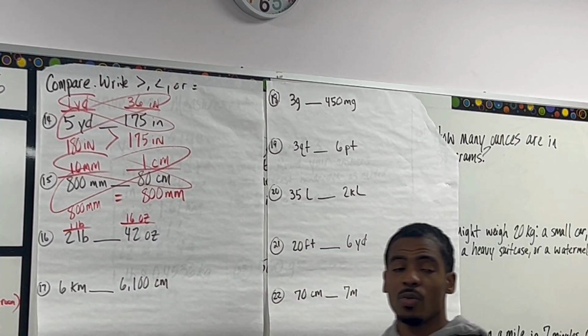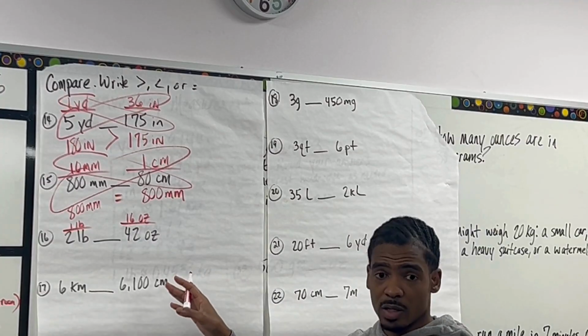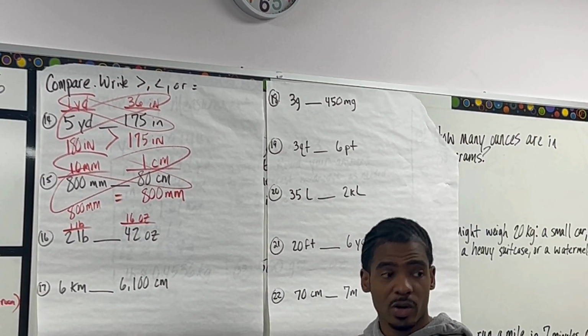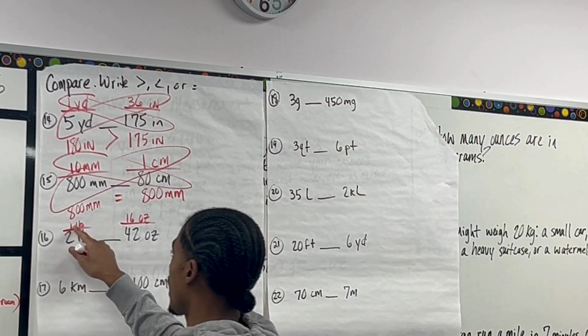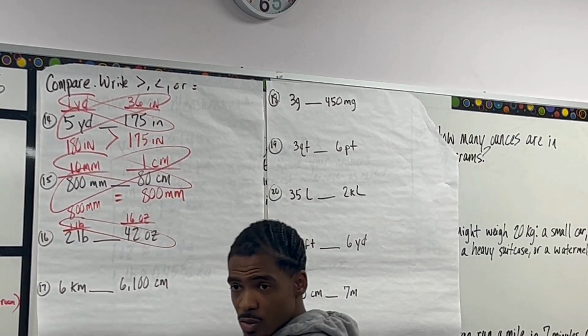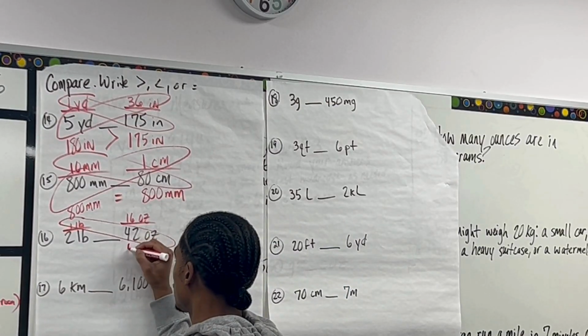Once again, which measurement are we dealing with in this problem? We're dealing with ounces. So when you cross multiply, you're going to write your answer as what? Ounces. So 1 times 42 is 42. So that's 42 ounces.